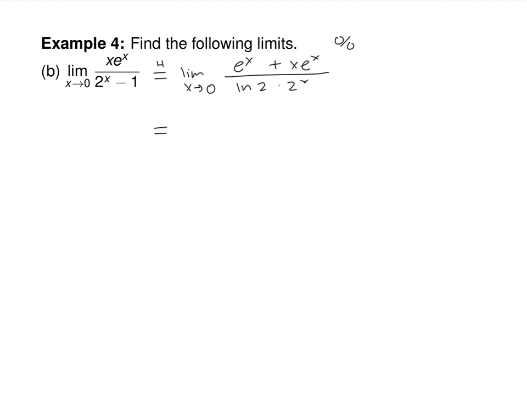I think you get e to the 0 plus 0 e to the 0 over ln 2 times 2 to the 0. So you get 1 over ln 2. Oh man, this rule's kind of fun, isn't it? I like this rule. This rule's good.